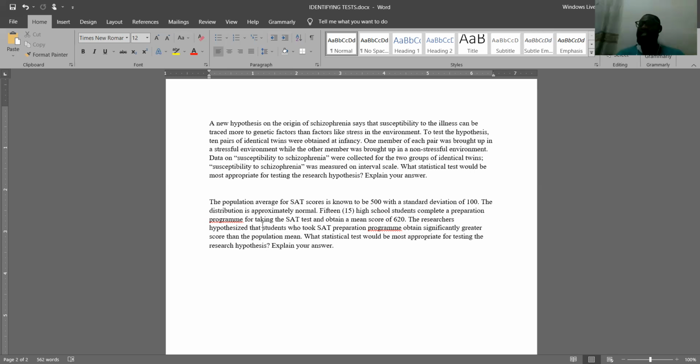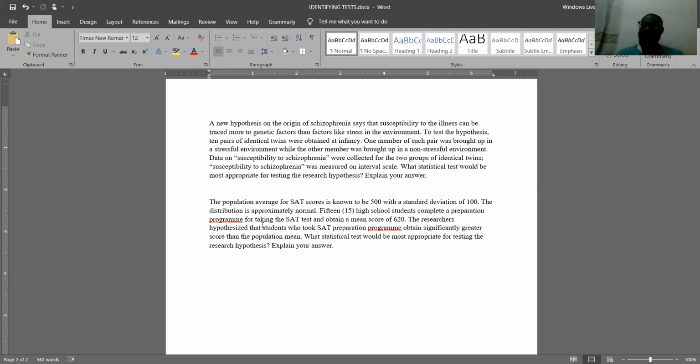And when we say average, it's the same as mean. So the population mean is 500 and the population standard deviation is 100. So with this question, they have provided the population mean and the population standard deviation. So the best test to use here is z-test.